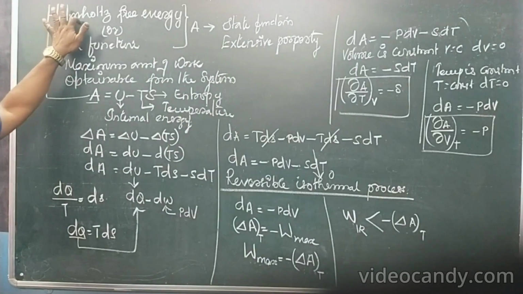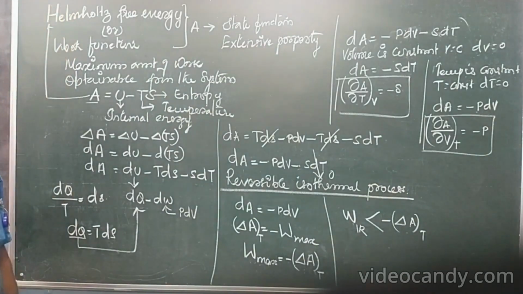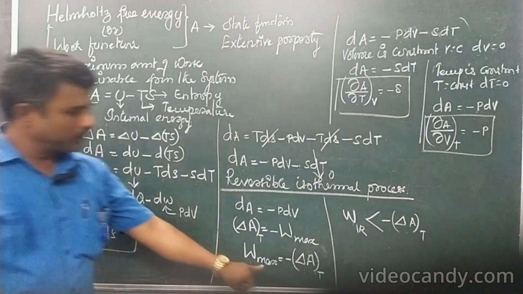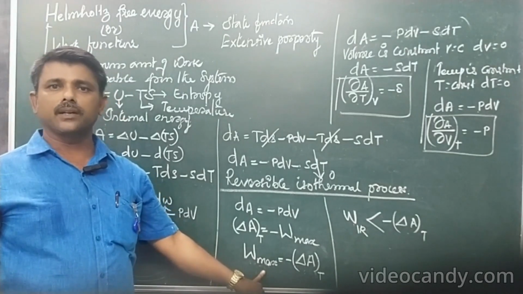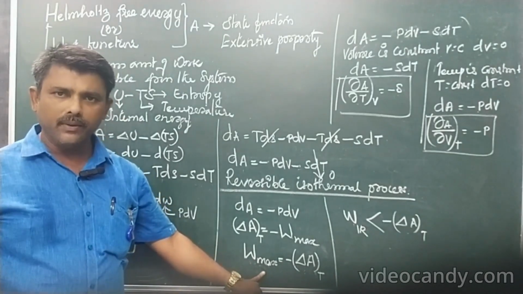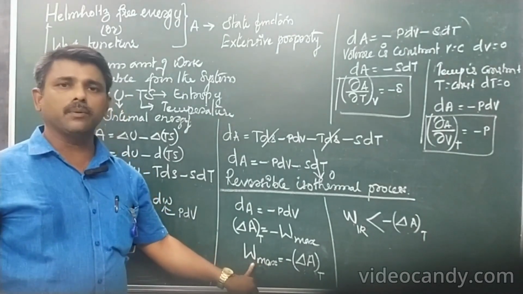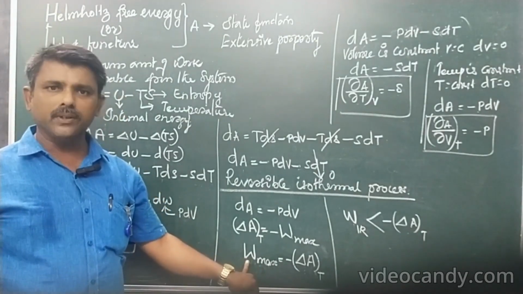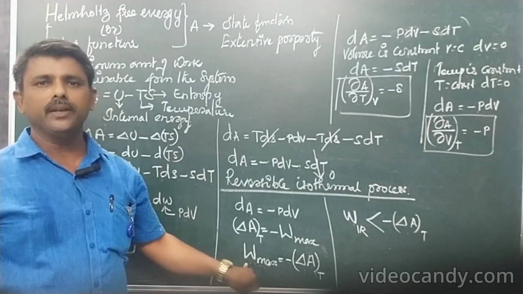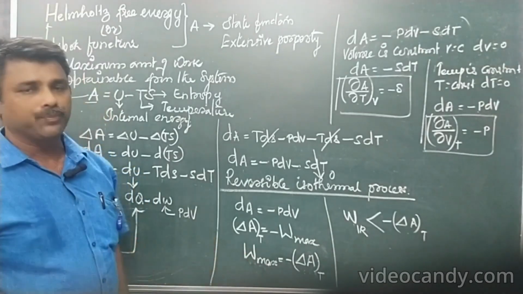This work function is very much useful in thermodynamics to find the maximum amount of work that can be obtained from the system under reversible condition. This maximum work is a limit for a reversible process. In an irreversible process, it will be less. This is the important information.